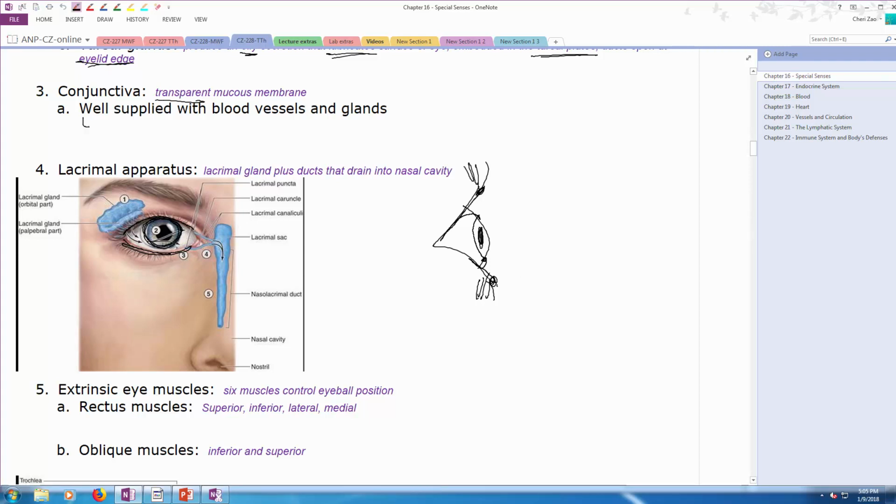So let's put in our note: lines eyelids, plus covers anterior surface of sclera. There's something that I didn't put in there. What does it not cover?